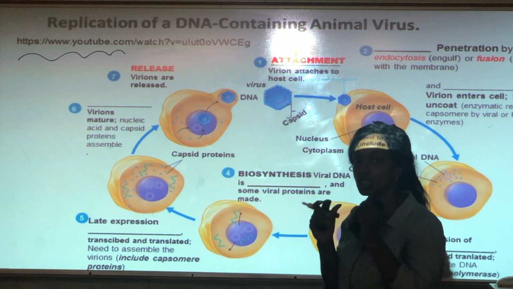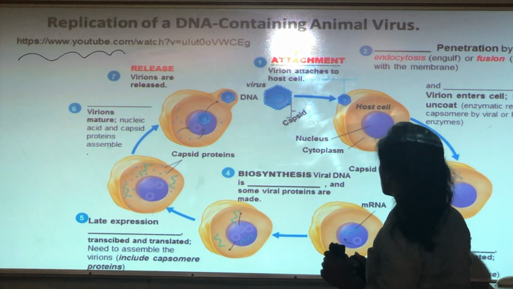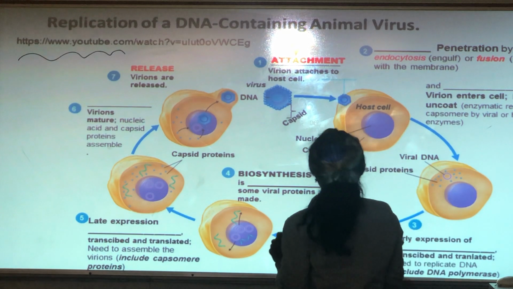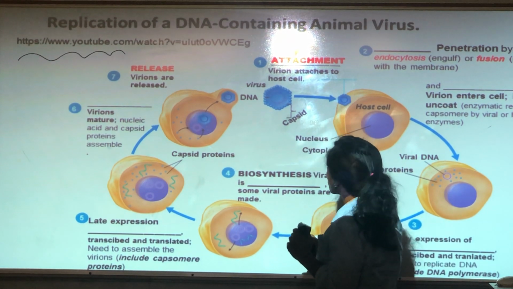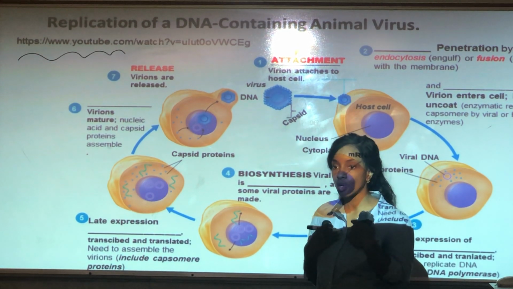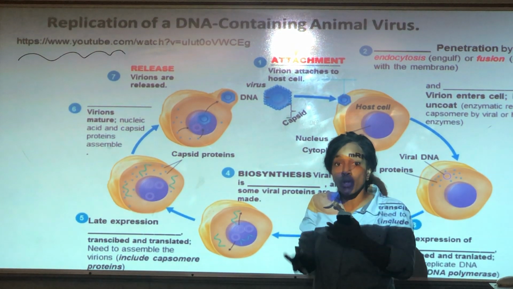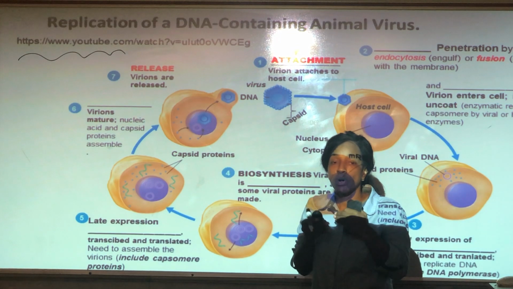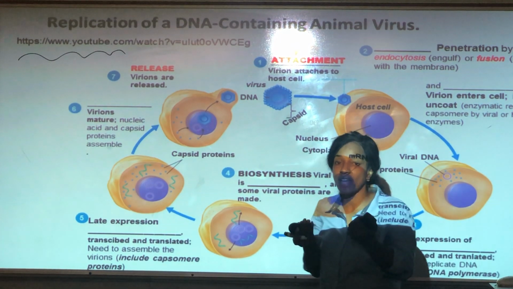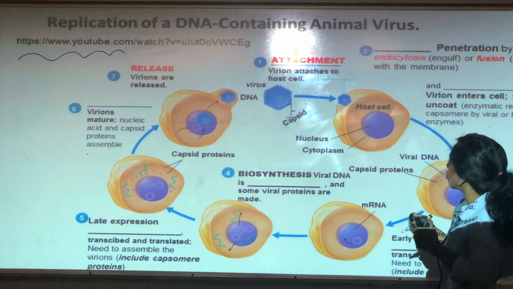This is the first step in the infection process, so that the virus can replicate. And remember, if some viruses have an envelope, it makes it easier for them to go unnoticed by their host cell, giving them the advantage to attach. So step one is attachment.